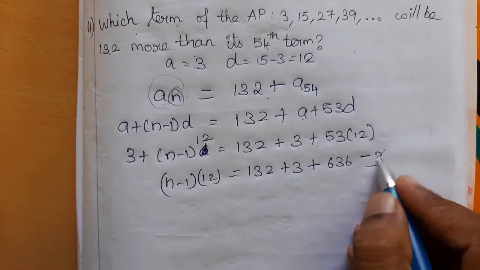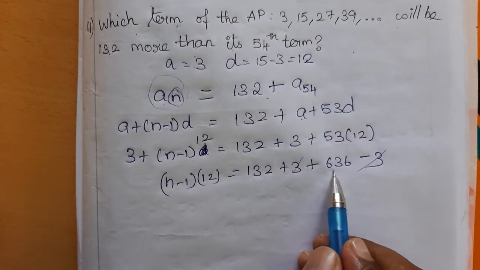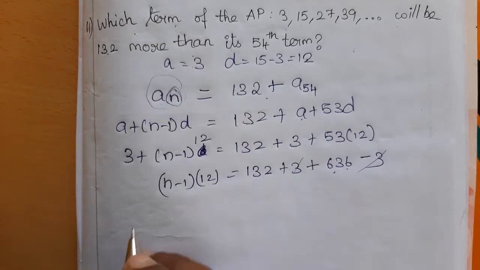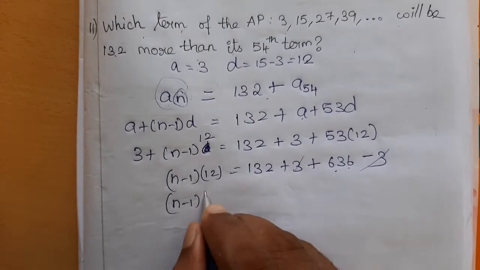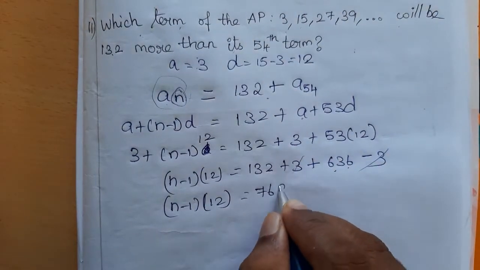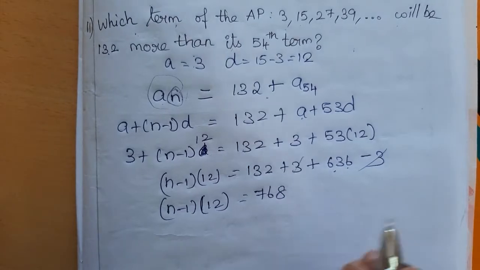If you bring this minus 3, plus 3 is 0. 132 plus 636 is 768. Right. So n minus 1 into 12 is equal to 768. If you divide by 12, from the 12 table, it will come 64 times.